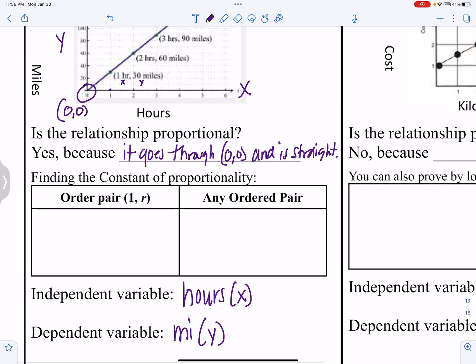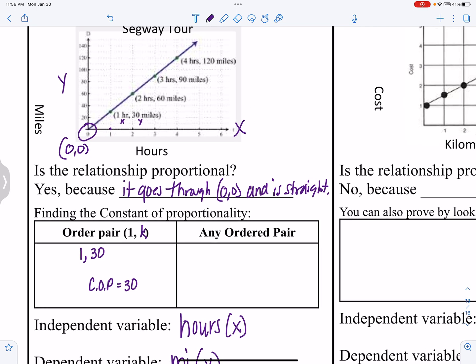So my ordered pair here is 1, 30. And so whatever x and y is, that y when you're at 1 is your constant of proportionality. So my COP is 30. Let's go ahead and test that out with a different ordered pair.